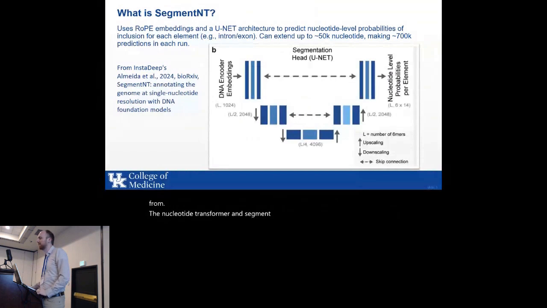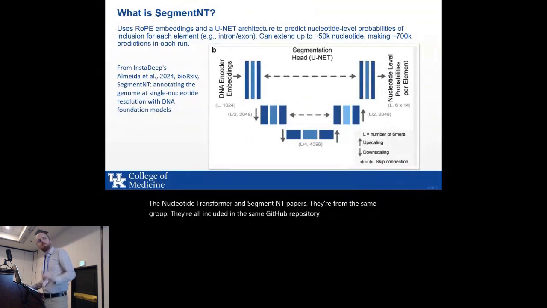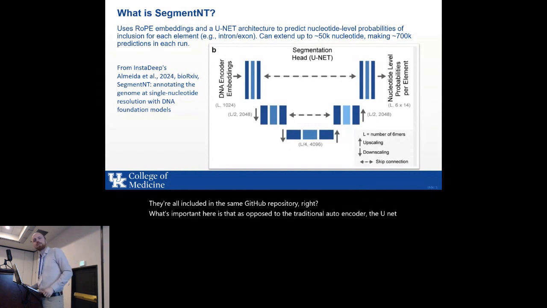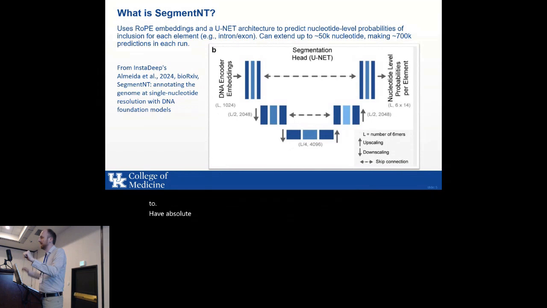They're from the same group, and they're all included in the same GitHub repository, right? What's important here is that, as opposed to the traditional autoencoder, the UNet has skip connections between previous layers and the output layer to be able to have absolute positioning in addition to the relative positions of the lower layers.